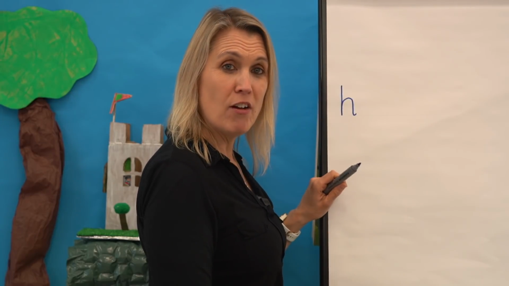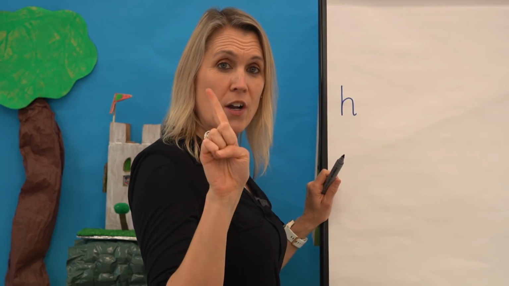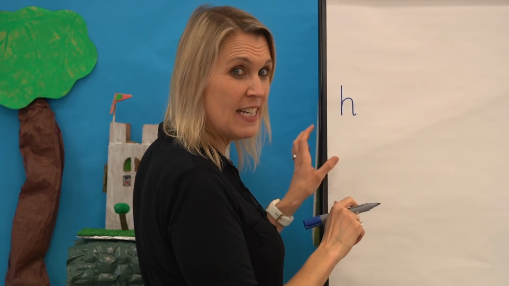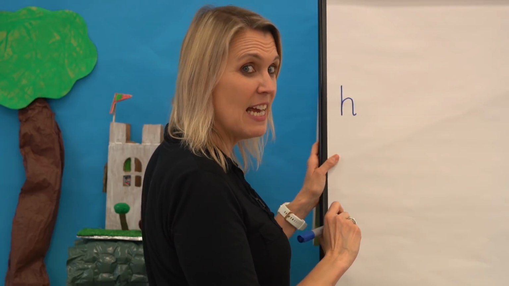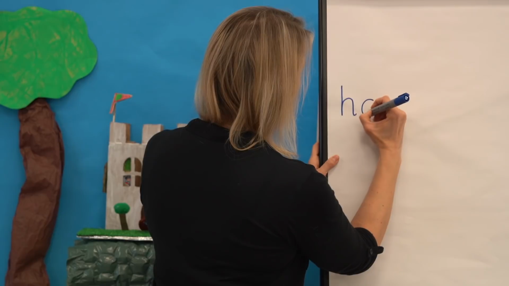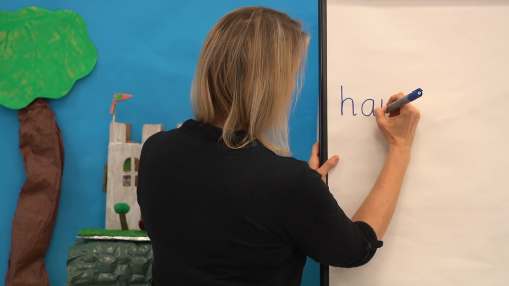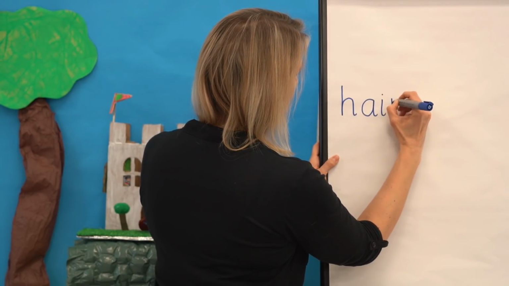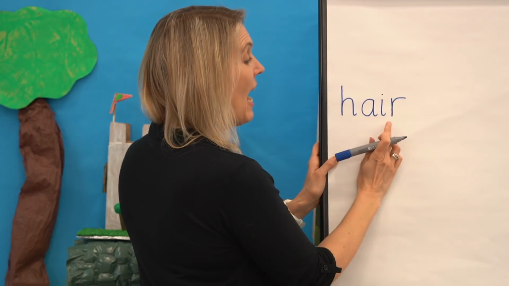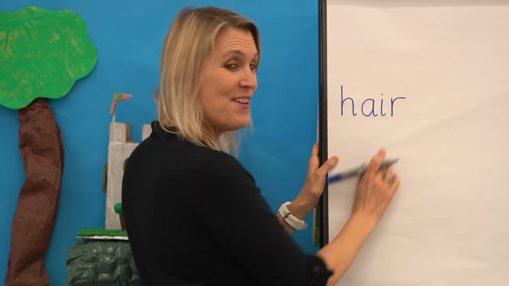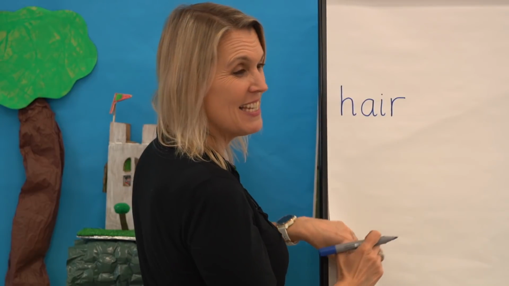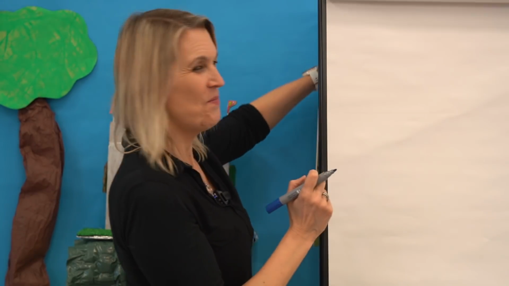Air is a trigraph. 3 letters, 1 sound. So I need to write 3 letters. Air, hair.